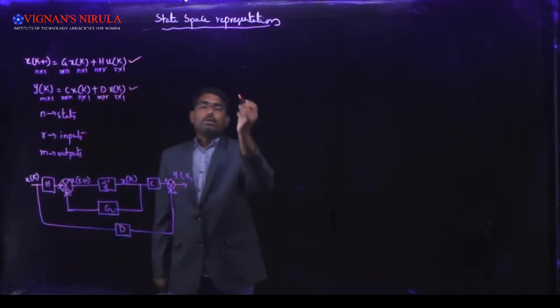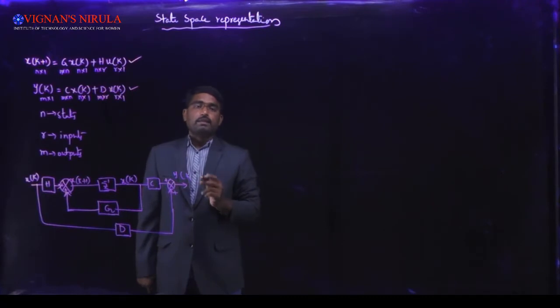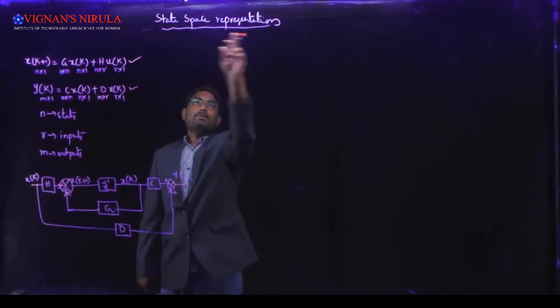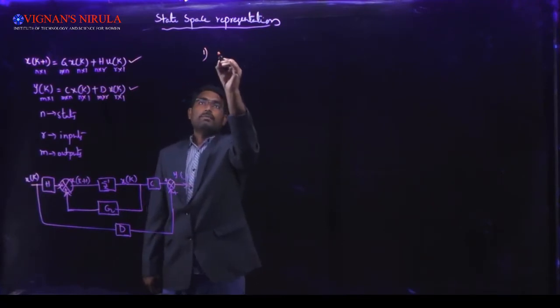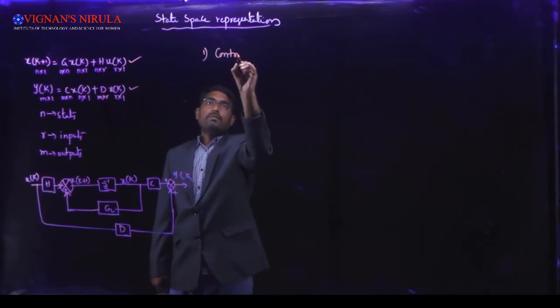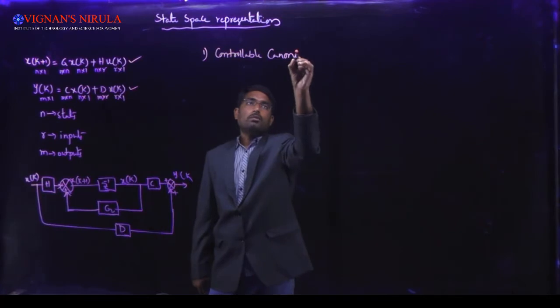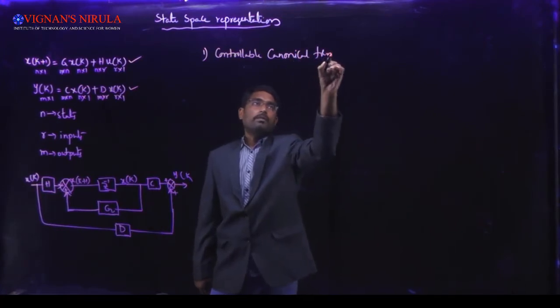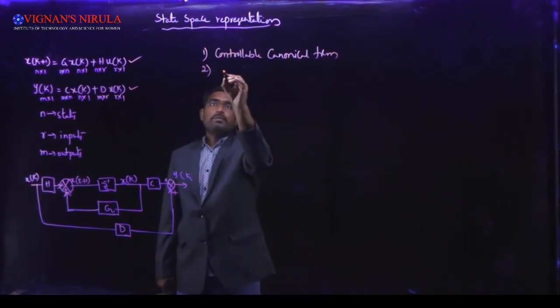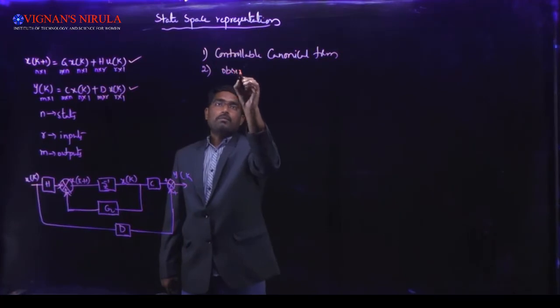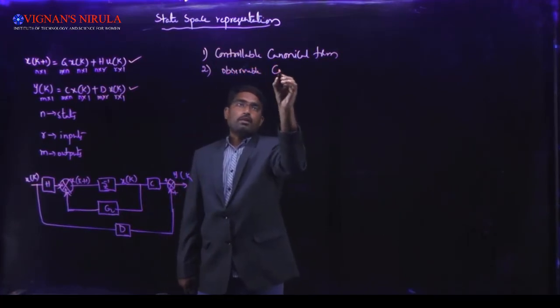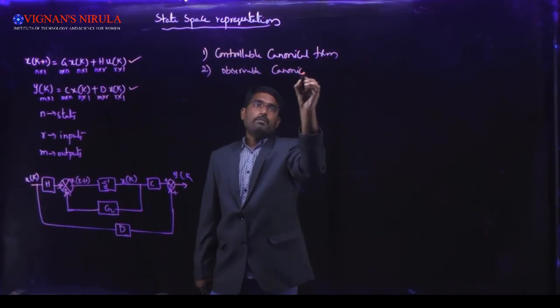Generally we have four forms in order to represent a given system in state space representation. The first one is controllable canonical form. The second one is observable canonical form.